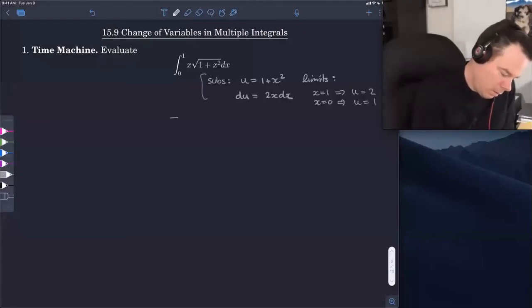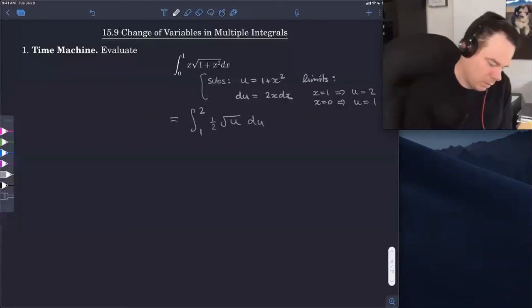And so then this integral, which was from 0 to 1, now becomes the integral from 1 to 2. The 1 plus x squared becomes root u, and the x dx becomes one half du.